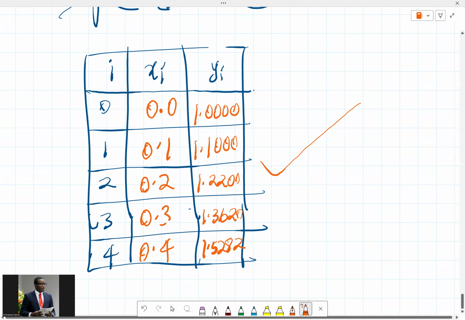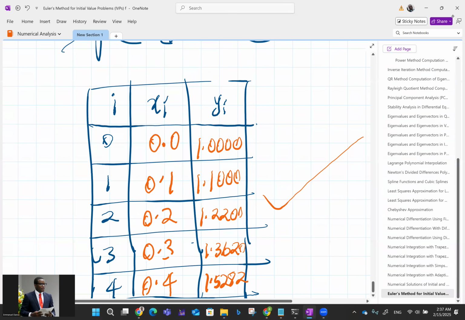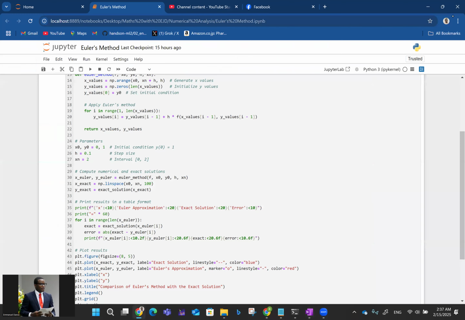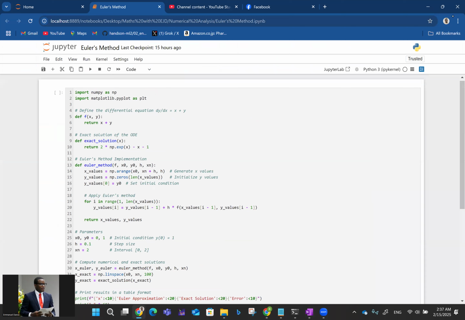Let's look at the Python implementation of this. Let's see what it looks like. In lines 5 and 6, you define the function which you have to return, x plus y.